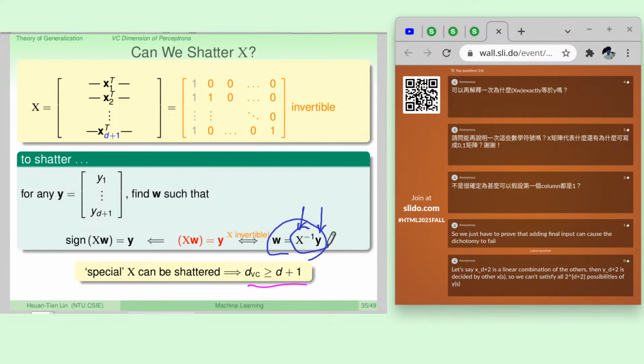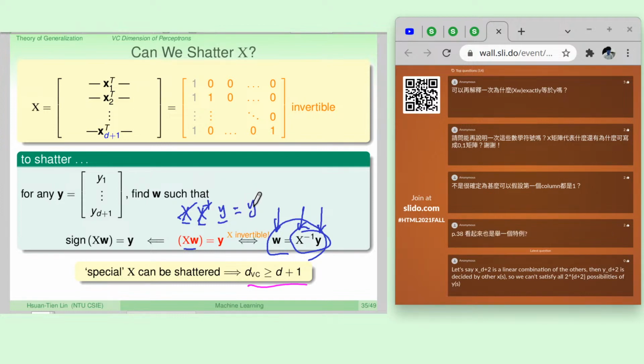We compute this w, this is fully computable, and get w. What's the property that this w must satisfy? This w must satisfy Xw equal to y, because that's just X times X inverse times y, which cancels out to be an identity matrix times y, which must equal y.